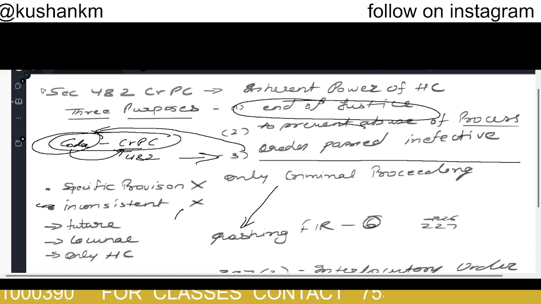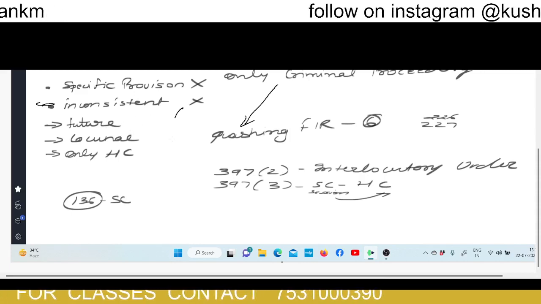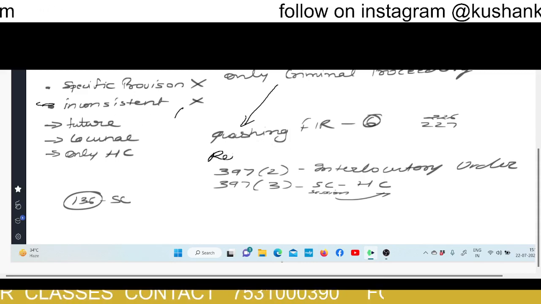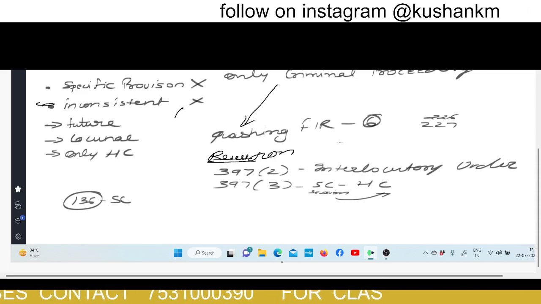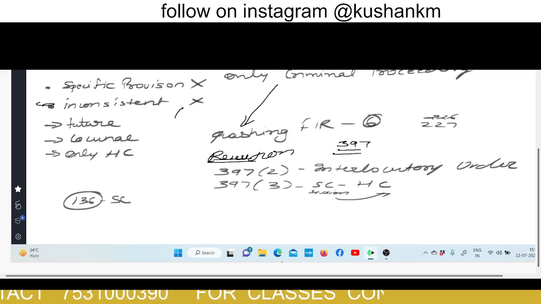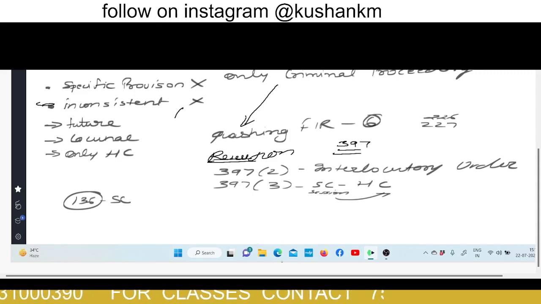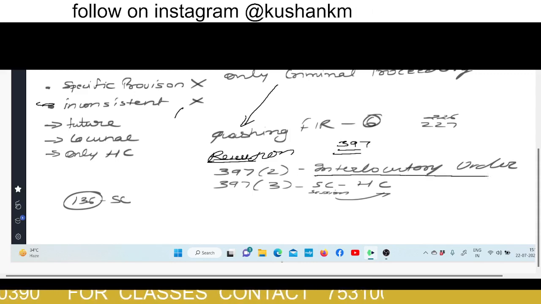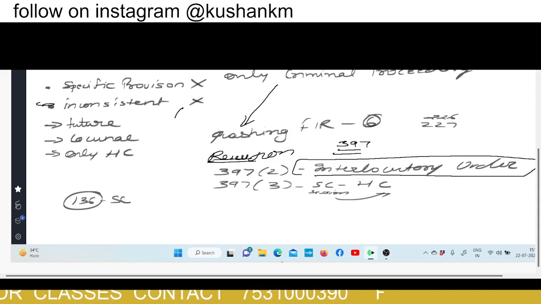Then if it comes to section 397 of CrPC, it is a revisional section, call for record. Looking at subsection 2 only, because we can interconnect this section, it says that if there are certain interlocutory orders, you cannot go to the appellate court for revision.